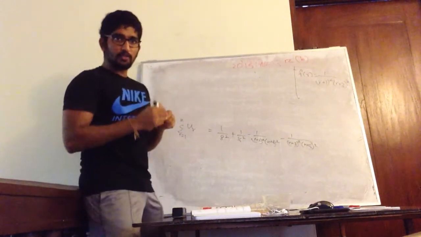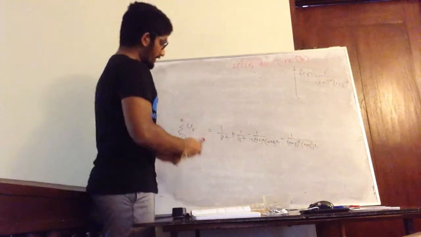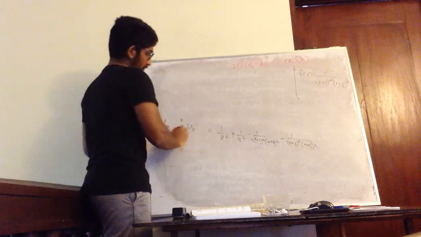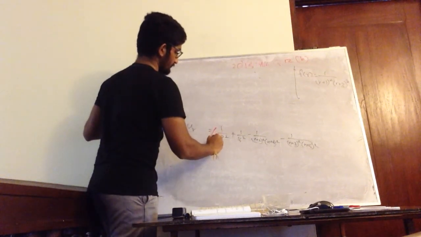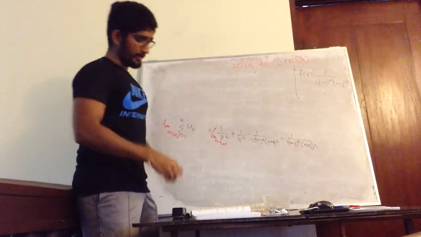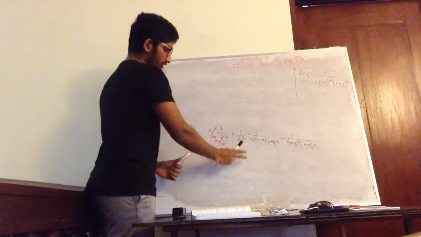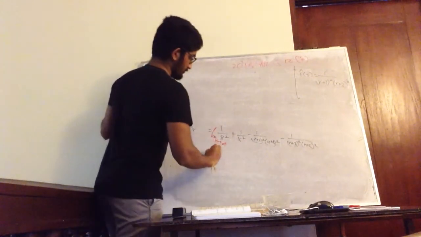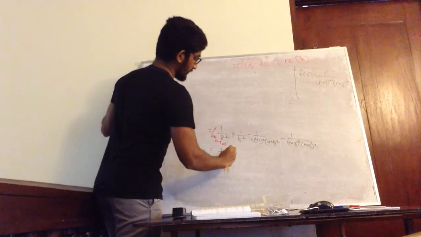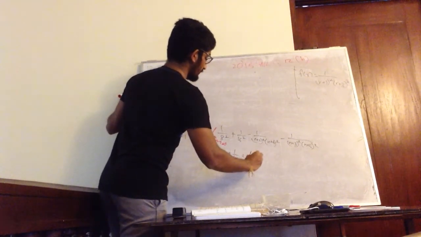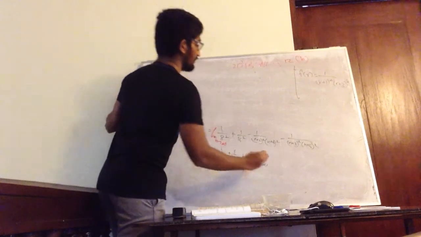So what we need to do here is take the limit when n goes to infinity. Correct? Right? So now, because this is a constant, the limit will not affect it.